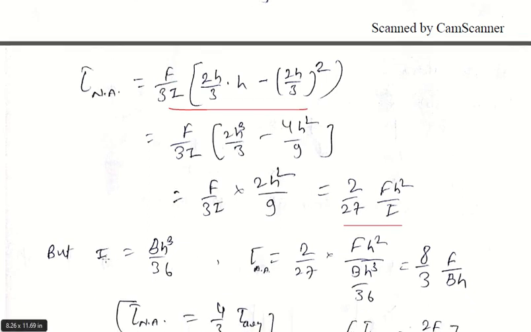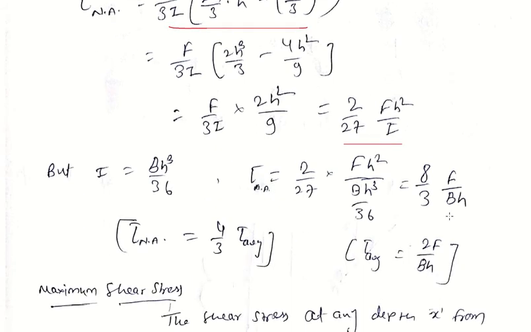So we put the value of the moment of inertia in the shear stress at the neutral axis. So it will give 8 by 3 F by b h.